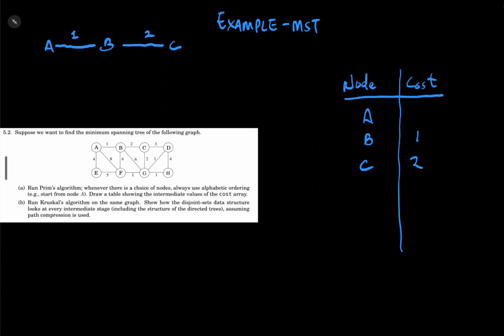So from C, you have 2, you have 3. So we are going to go with what's cheaper. G is cheaper. Let's see. From C, you have C to D, that's 3.